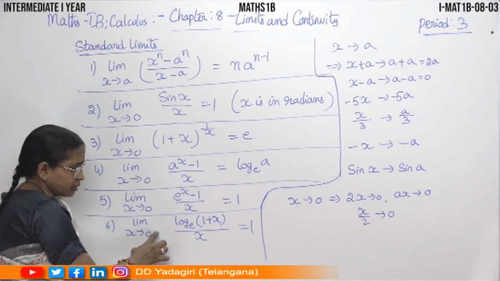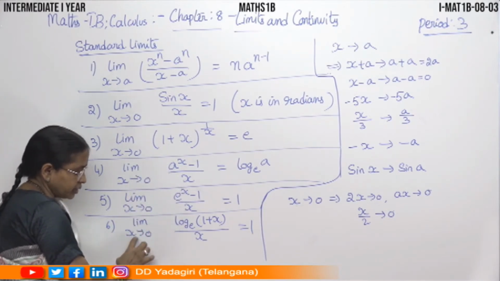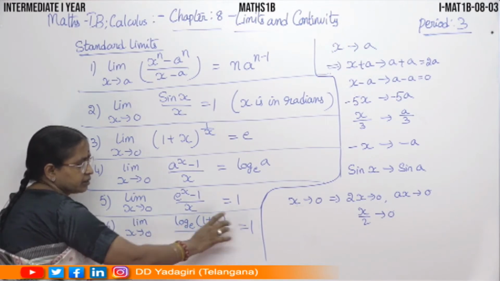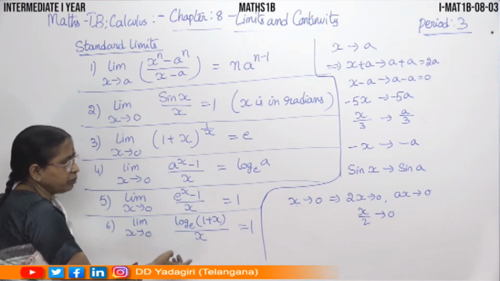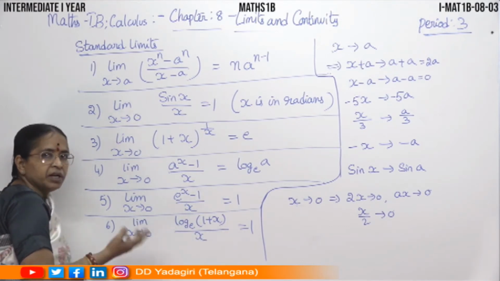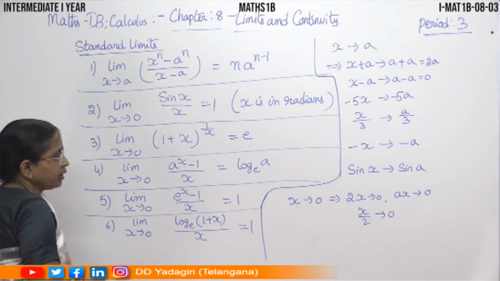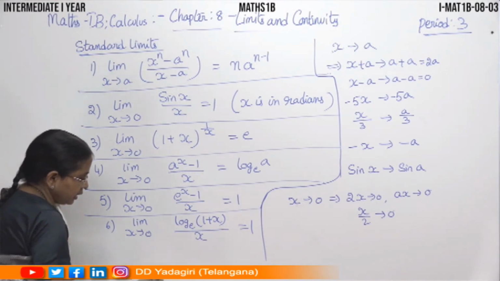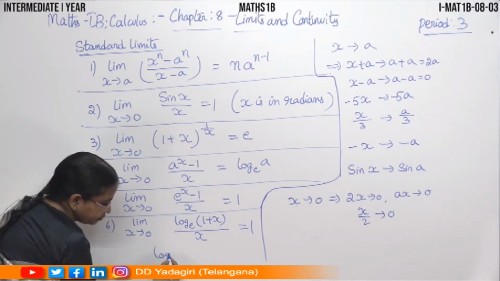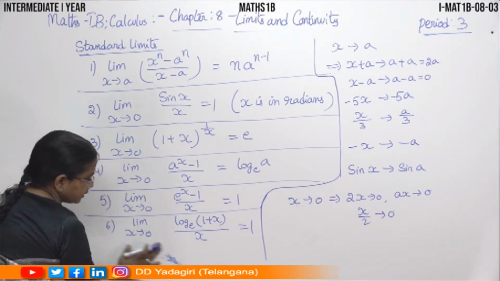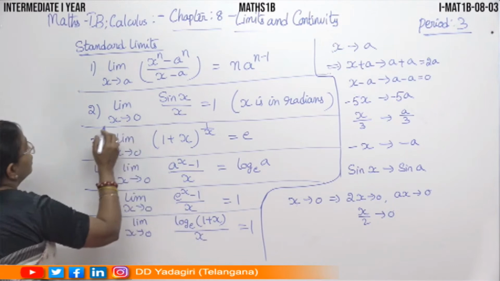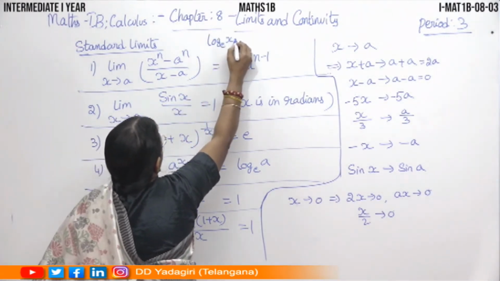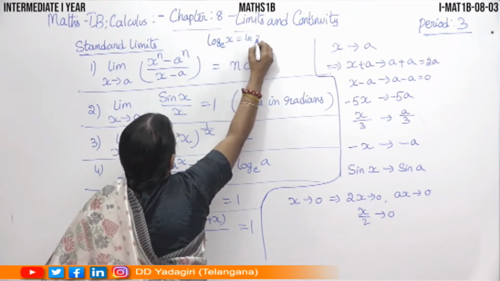Now limit x tending to 0 of log to the base e of 1 plus x by x. Here base need not be mentioned when it is e. When it is something else, we write the base. Generally log to the base e of x is also written as ln x.